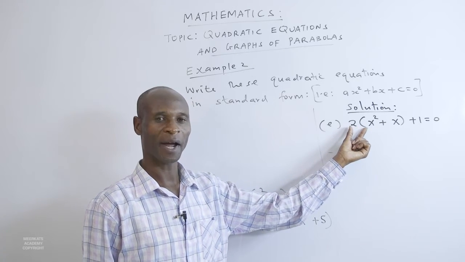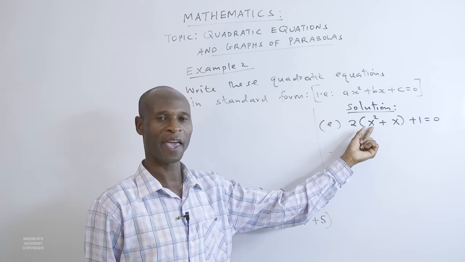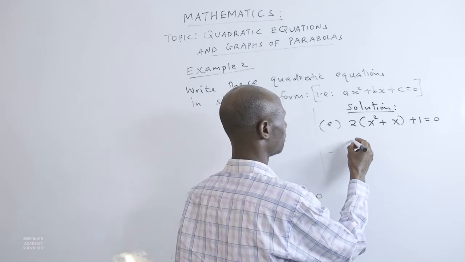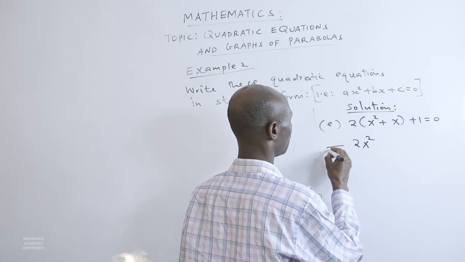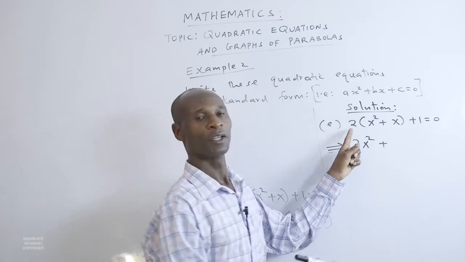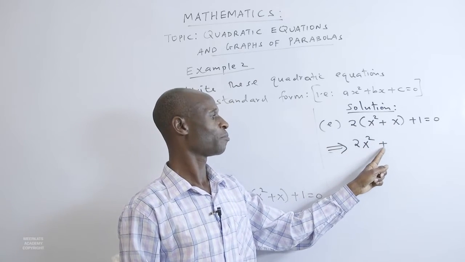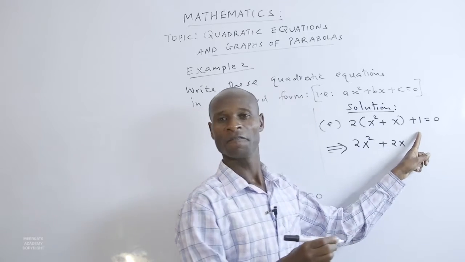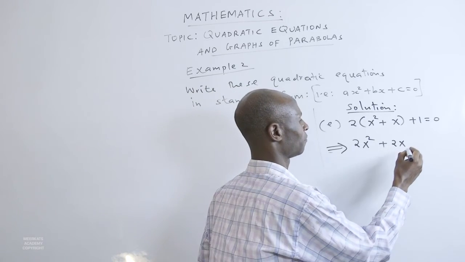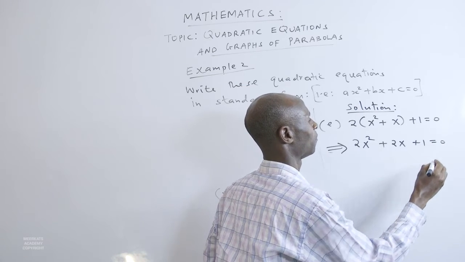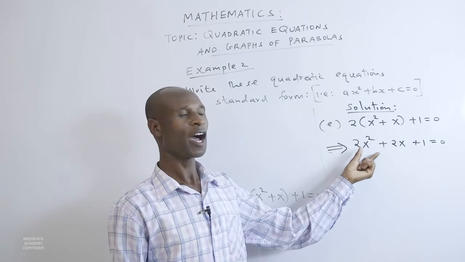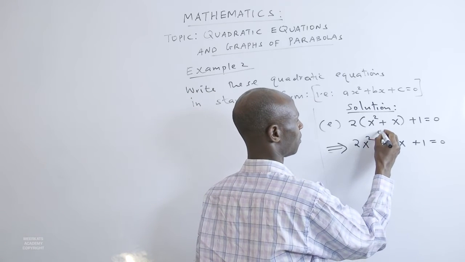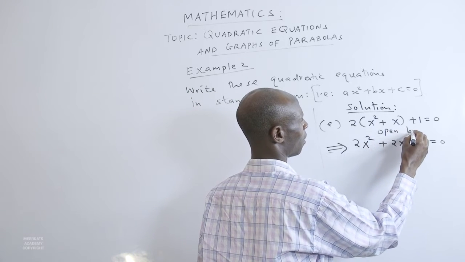So we open the bracket, that is 2 multiplied by x squared, which will give us 2x squared. 2 multiplied by x is positive 2x. Then finally, plus 1 equals 0. So here we are only supposed to open the bracket.